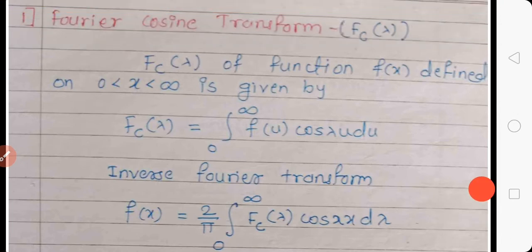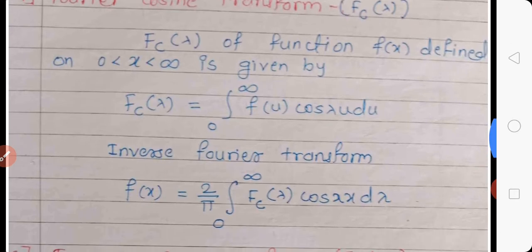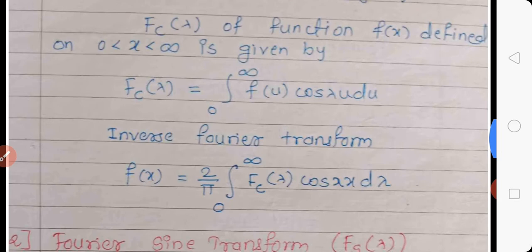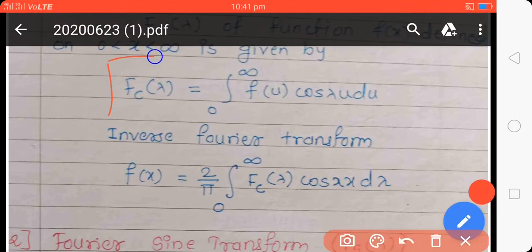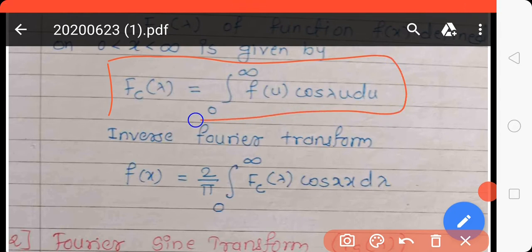Here, the Fourier cosine transform is denoted by Fc of lambda, and it is defined as follows: if the function f of x is defined on the interval from 0 to infinity, then the Fourier cosine transform is given by the formula Fc of lambda is equal to the integral from 0 to infinity f of u cos lambda u du.